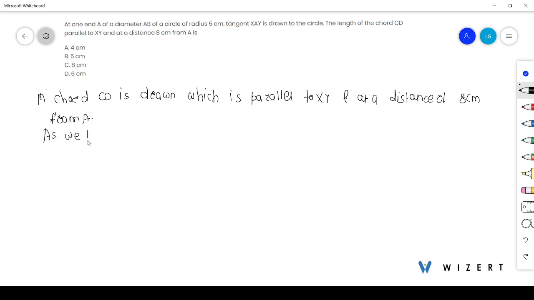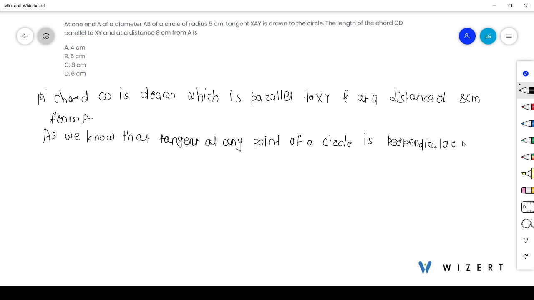As we know that the tangent at any point of a circle is perpendicular to the radius of that circle through the point of contact.